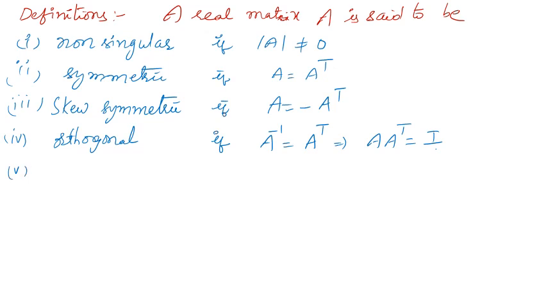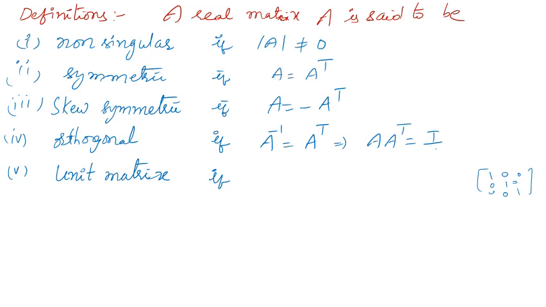And next one, fifth one, unit matrix. What is meant by unit matrix? Nothing but identity matrix. What is the structure of identity matrix? The diagonal positions are ones and the remaining values are zeros.